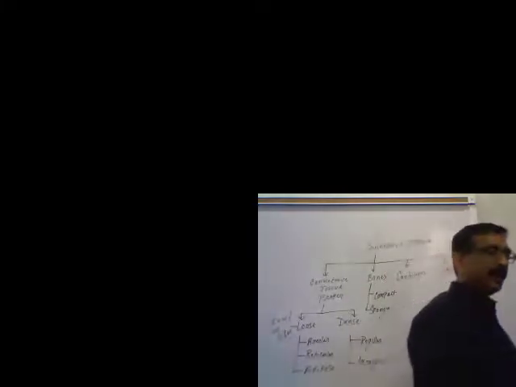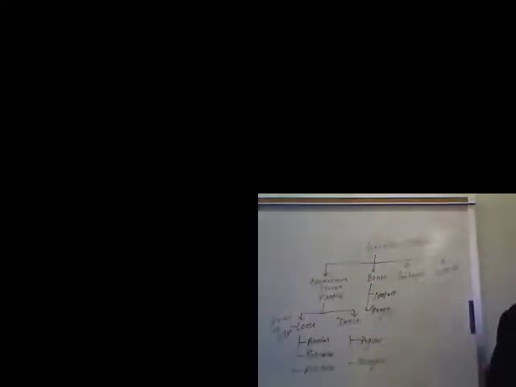Now, bones. Bones are two types. One is called compact, that is the hard bone, and spongy, that's the soft bone. Okay, so compact is the hard bone, spongy is the soft bone.